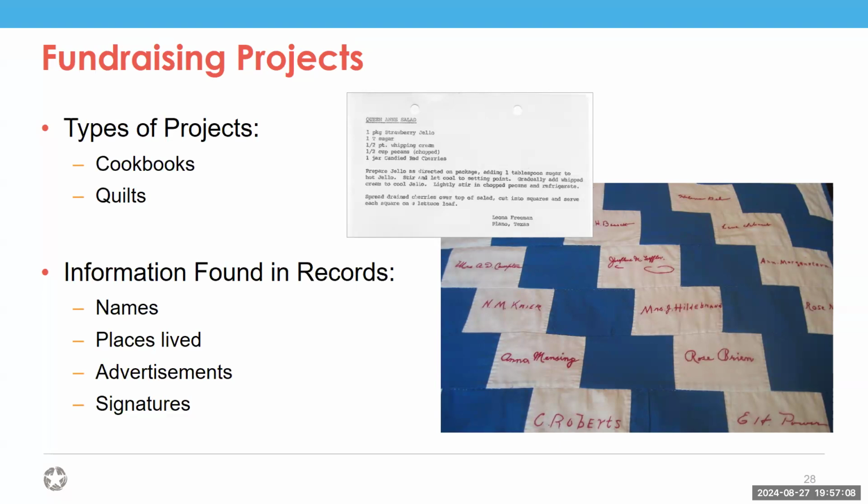Maybe I'm looking in this town and seeing if I can find more information about them. And then with signature quilts, you actually get to see your ancestor's signature. And that's a very personal thing. Like they wrote that, they sewed that with their hands. So if you're lucky enough to find that, it is a very, very cool thing to find about your ancestor.